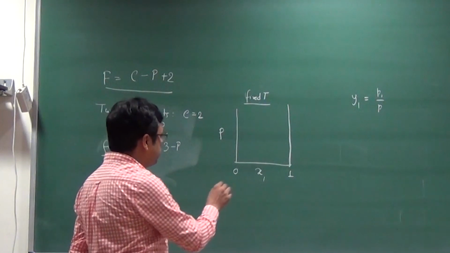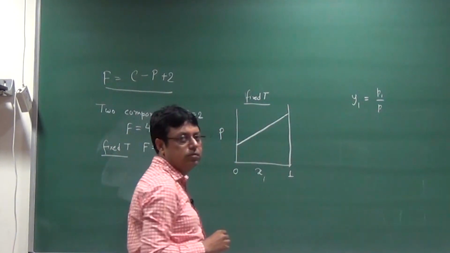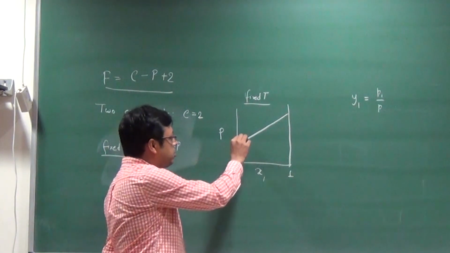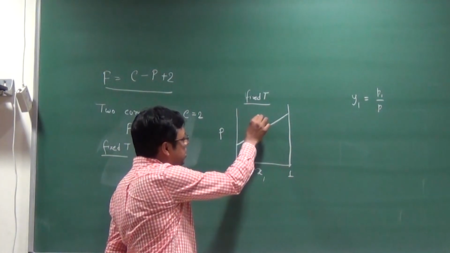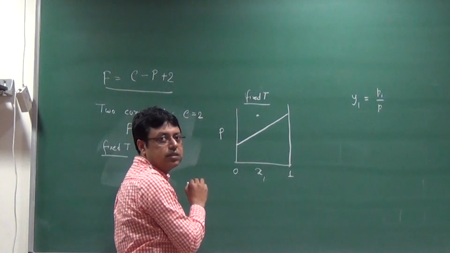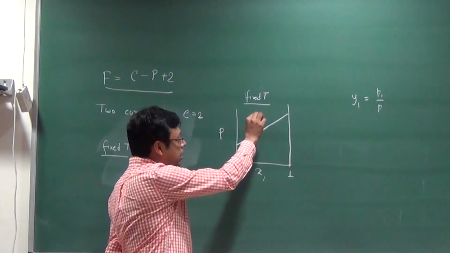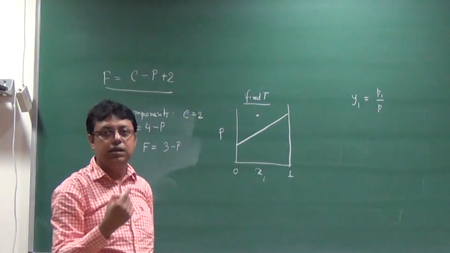Now the question is where we are looking. We showed that if I plot it as a function of x1, I'll have something like this if the solution behaves ideally. But this I talked about for liquid. Suppose I am somewhere in this region. That's the liquid region because it's a high pressure region. In the liquid region, what is P, the number of phases?